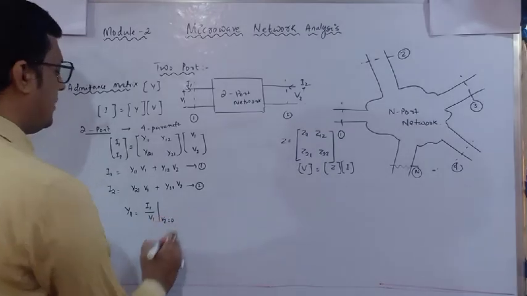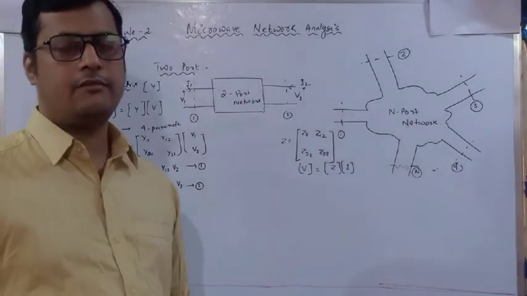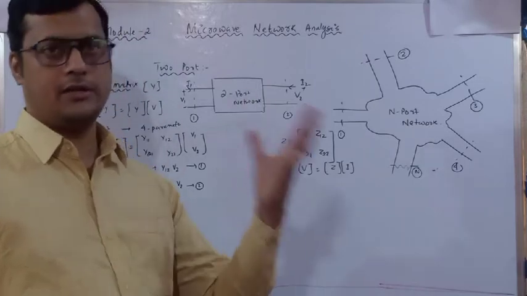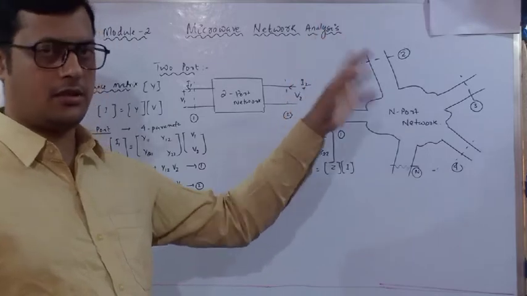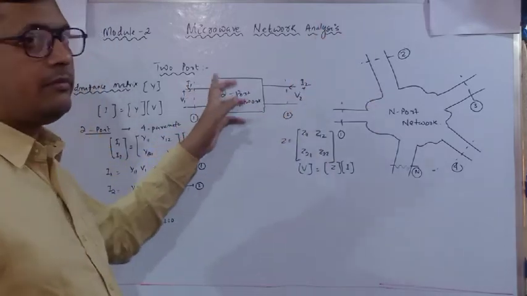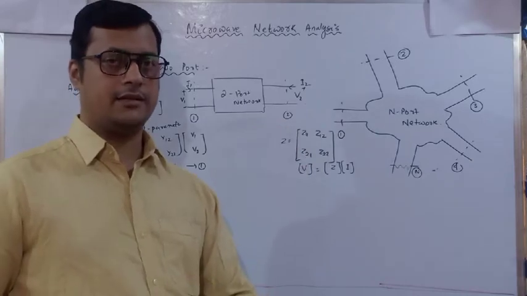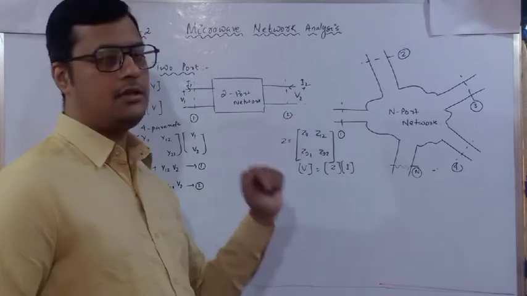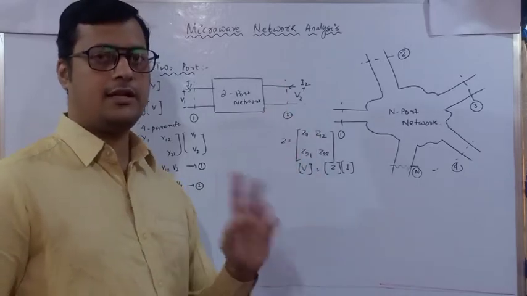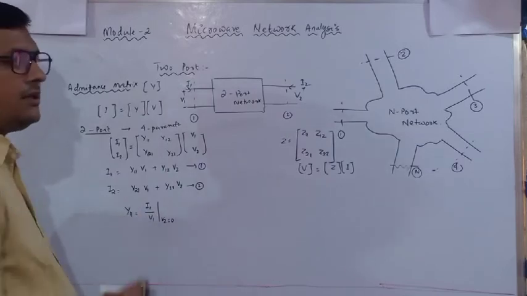Always remember, when we are calculating the impedance matrix, we discuss the open circuit, because I2 equals 0 means open circuit, and I1 equals 0 means open circuit. But when we discuss admittance, we discuss the short circuit, because now V2 is 0, meaning the potential is 0 at the short circuit. So Y11 is I1 by V1 with V2 equal to 0.